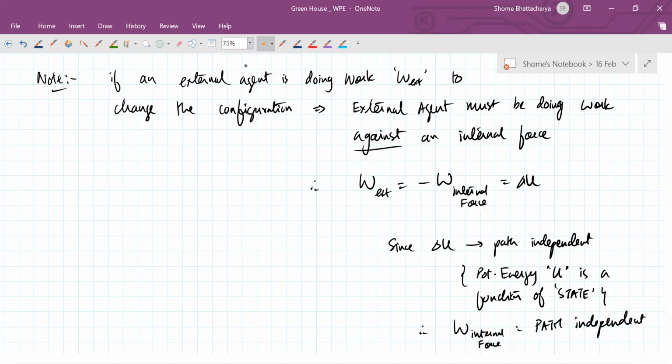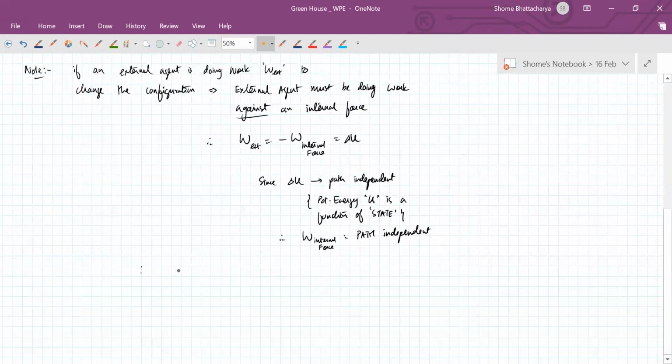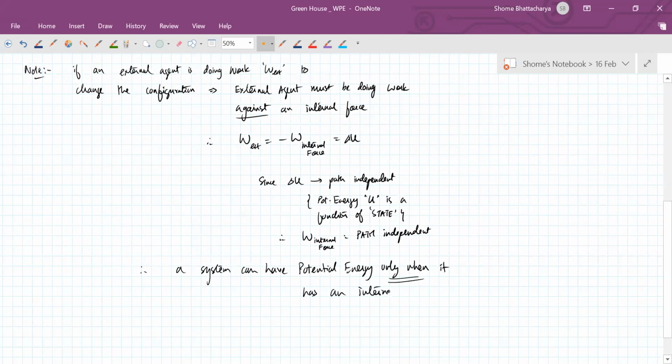So this shows us that any system that has potential energy can have potential energy only when it has an internal force or forces which is or are conservative, because the work done by the internal forces must be path independent.